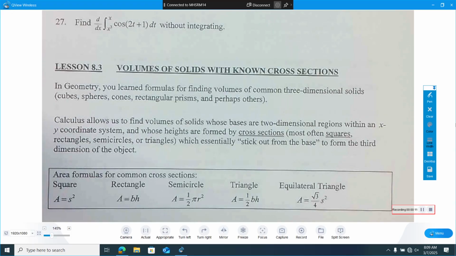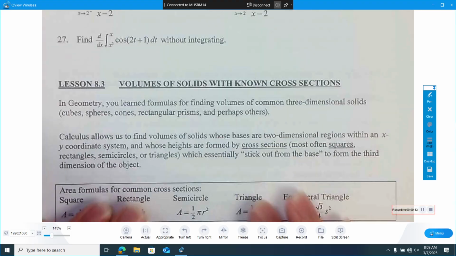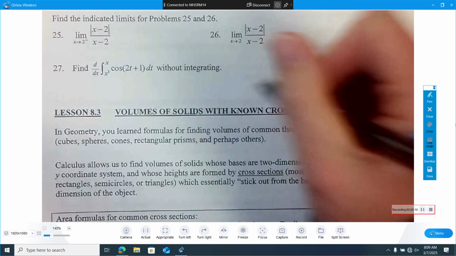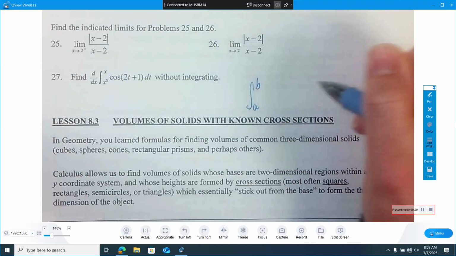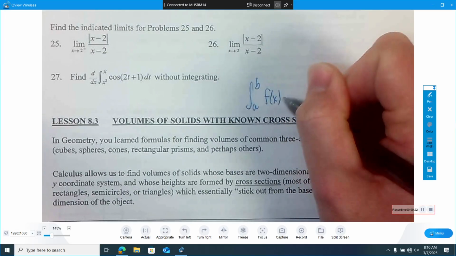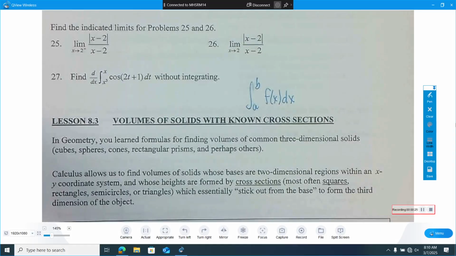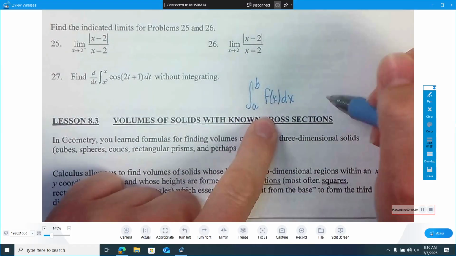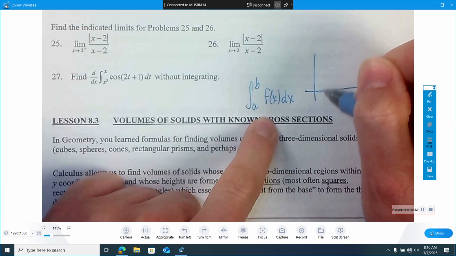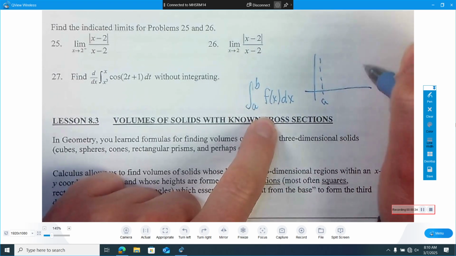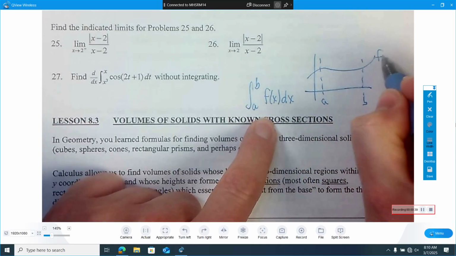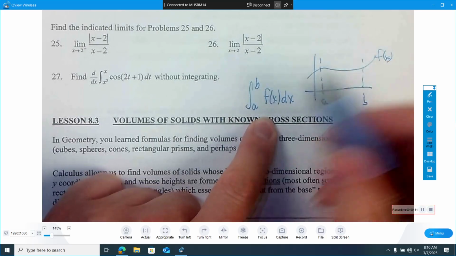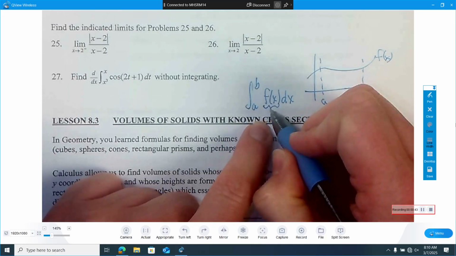And so we've been doing area, and we know that the area under a curve can be represented by an integral, f of x dx, where we think about it as if we have some interval from A to B, and we've got this curve, f of x, then what we have here is essentially a height.